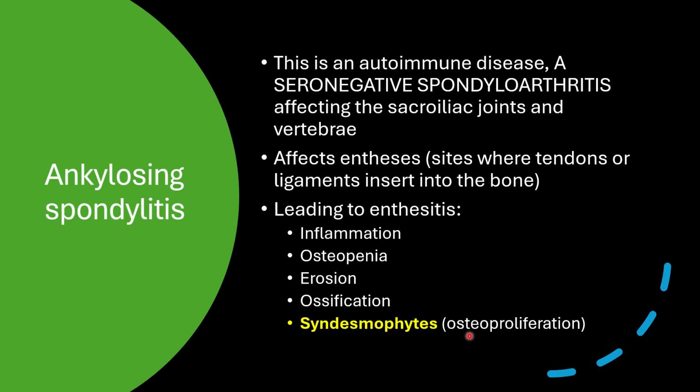The vertebrae will then form a bamboo appearance when they become fused together, and that will lead to less flexibility, rather rigidity. And once we pick that, we can tell that this is ankylosing spondylitis, although it can occur in other arthritis conditions. But if you are suspecting ankylosing spondylitis and you pick that, you are still on the right path.